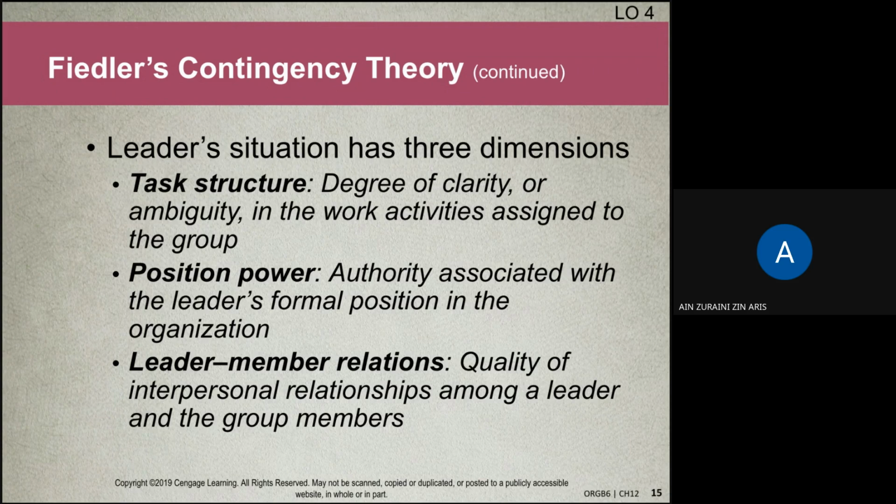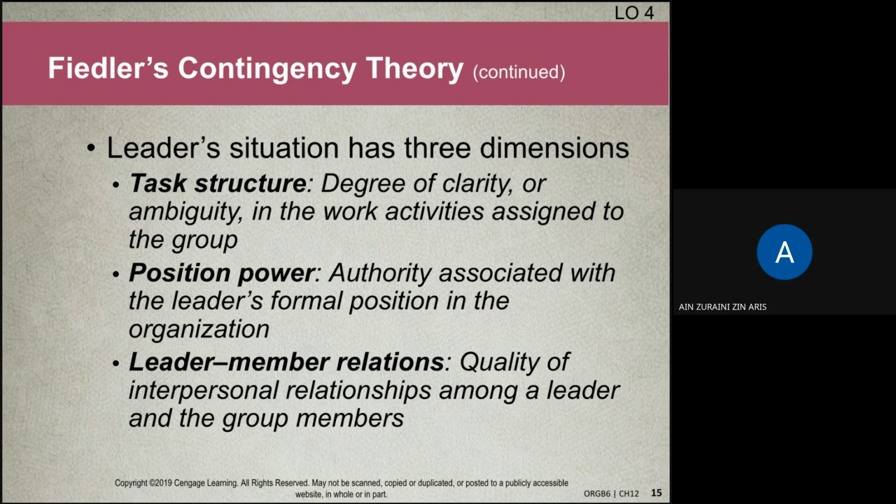Okay, so Fiedler believed that the success of a leader does not solely depend on their personality or leadership style, but it also depends on how well the situation around them supports or challenges them. So there are again 3 main dimensions that define the situation.